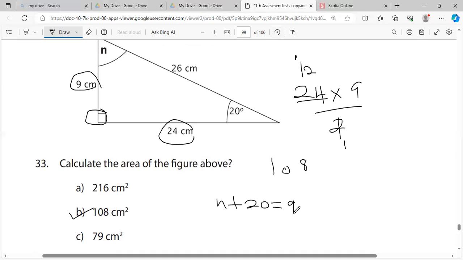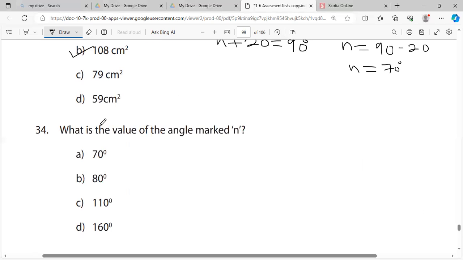Remember, the right angle triangle has 90, so the other two add up to 90. And of course, we can just subtract 20 from 90, which leaves 70, because what and 20 make 90? That would be 70 degrees. So let's go back down. That's 70 degrees. Alright, so that would be B.